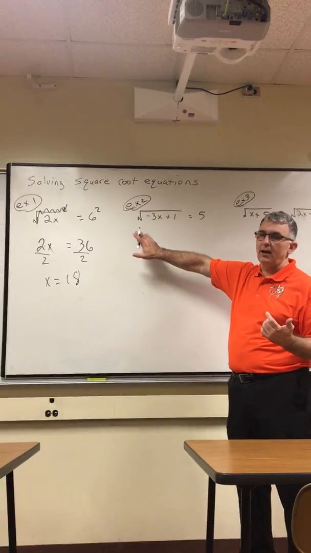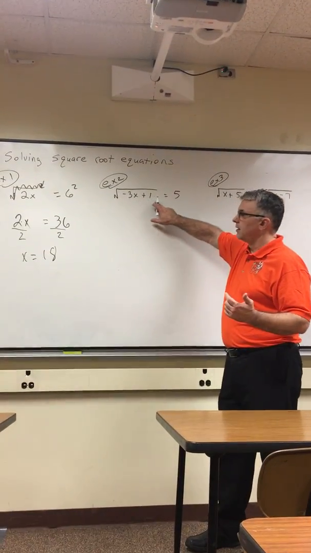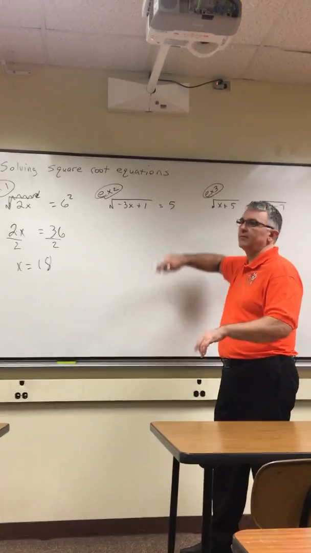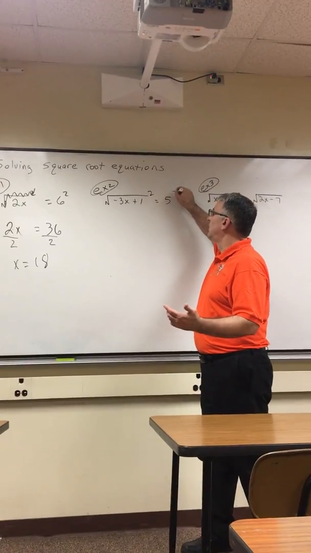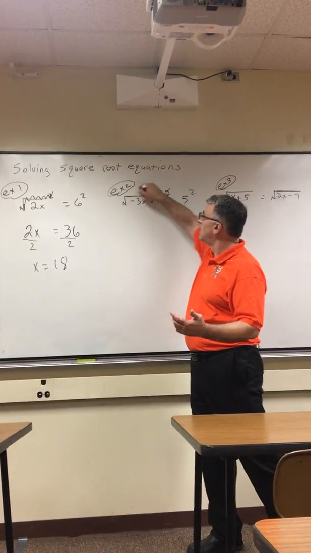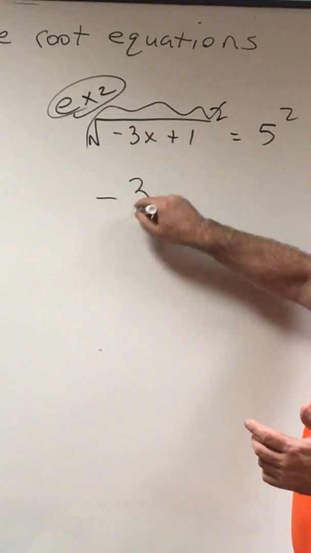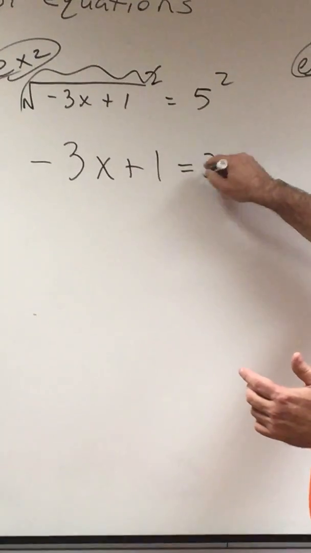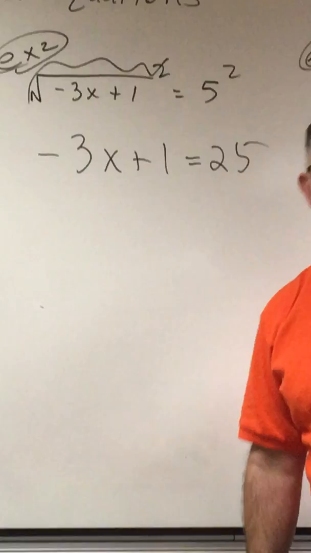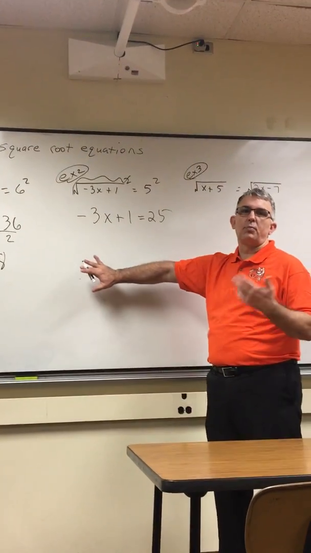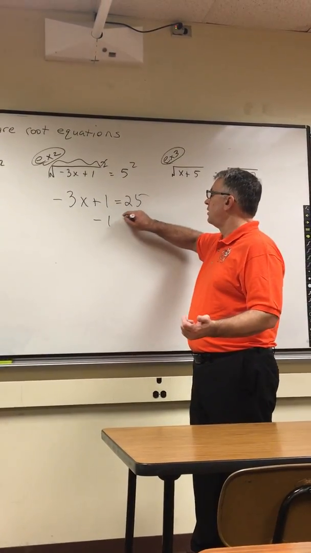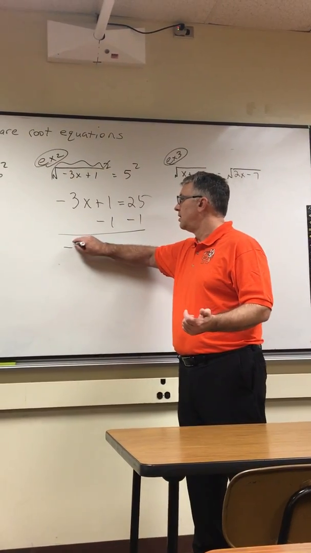So the second example, the square root of negative 3x plus 1 equals 5. Square it. Square it. Those cancel out. Negative 3x plus 1 equals 25. I think from here it's pretty much old hat. Minus 1, minus 1.